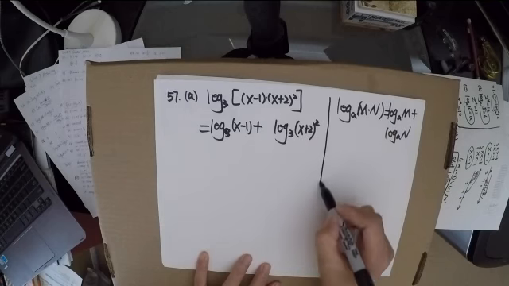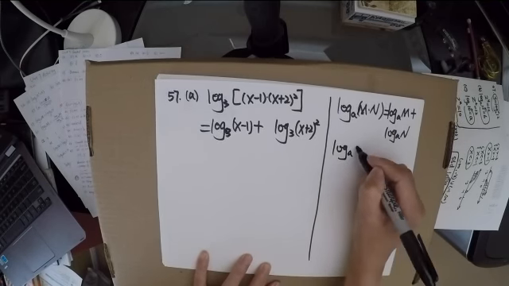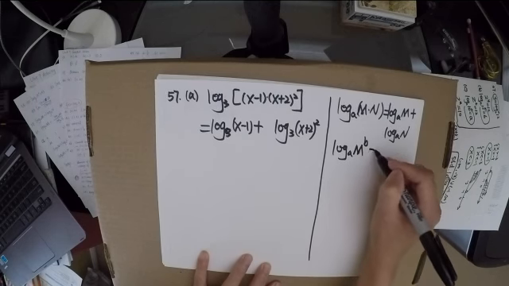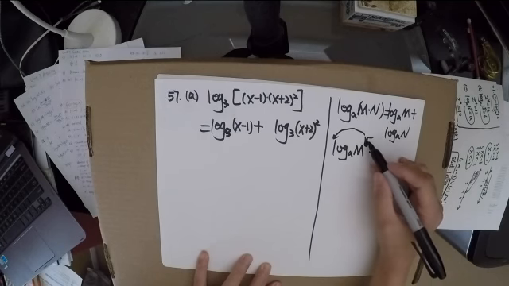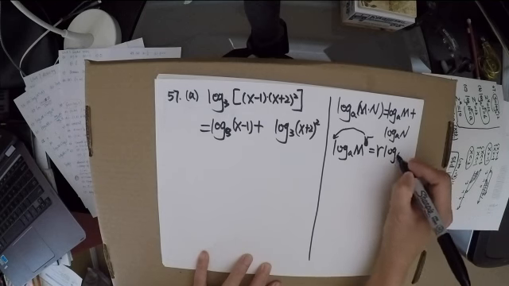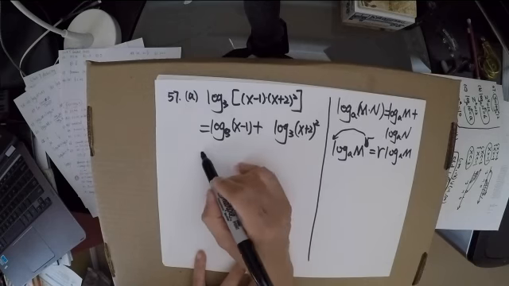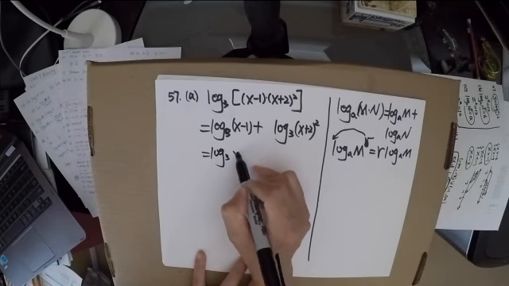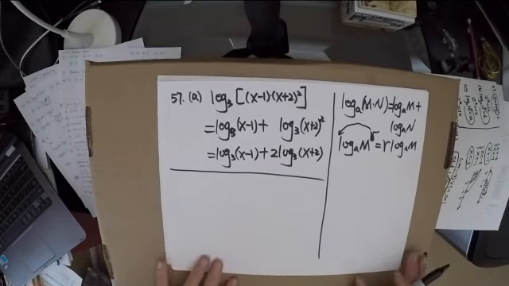And the next formula we can use is once we have log a of m to the r, you could put this power r to the front, becoming r log a of m. The same thing here, the 2 can be put in front, becoming log base 3 of x minus 1 plus 2 log base 3 of x plus 2. Now we are done with the A part.